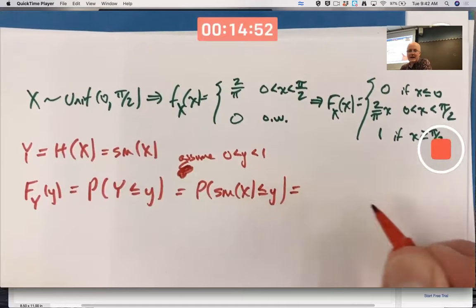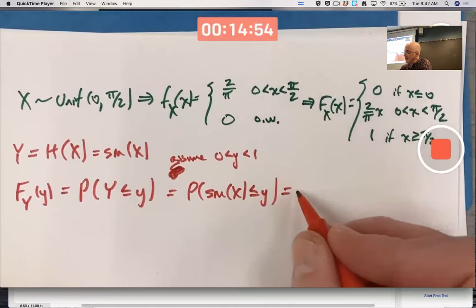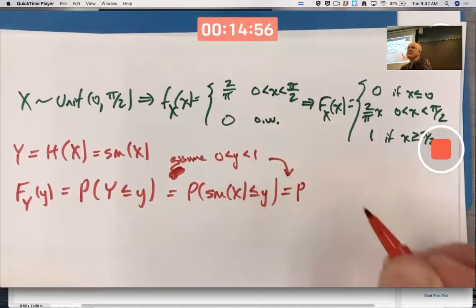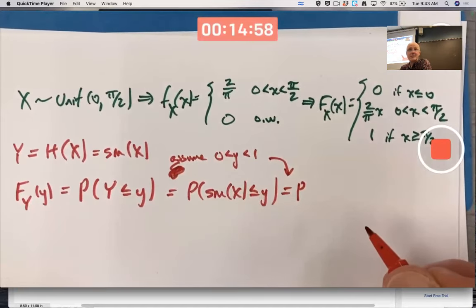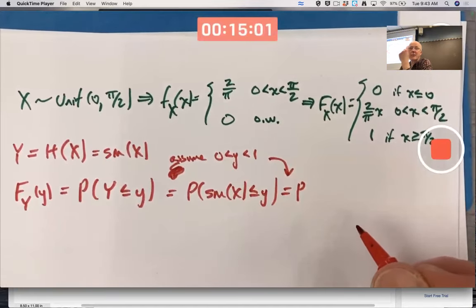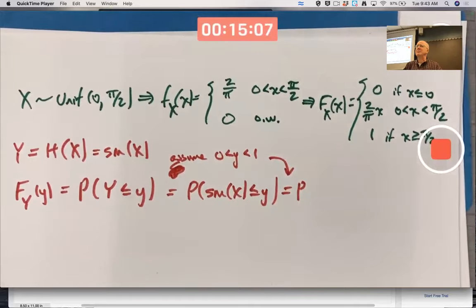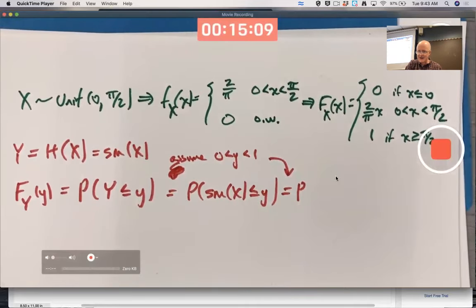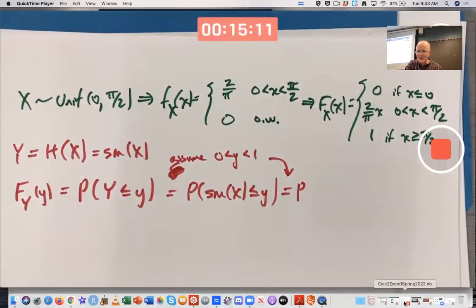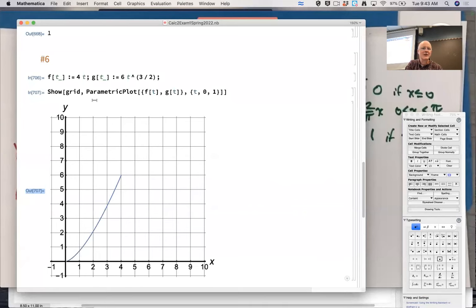But the next one, when I take the inverse sine of both sides in the inequality there, I really should be assuming y is between 0 and 1. Certainly not bigger than 1, because I hope you remember you can't plug something bigger than 1 into the inverse sine function, at least if you want a real answer. You actually can plug it into the inverse sine function when you allow complex numbers, strange as that may seem.